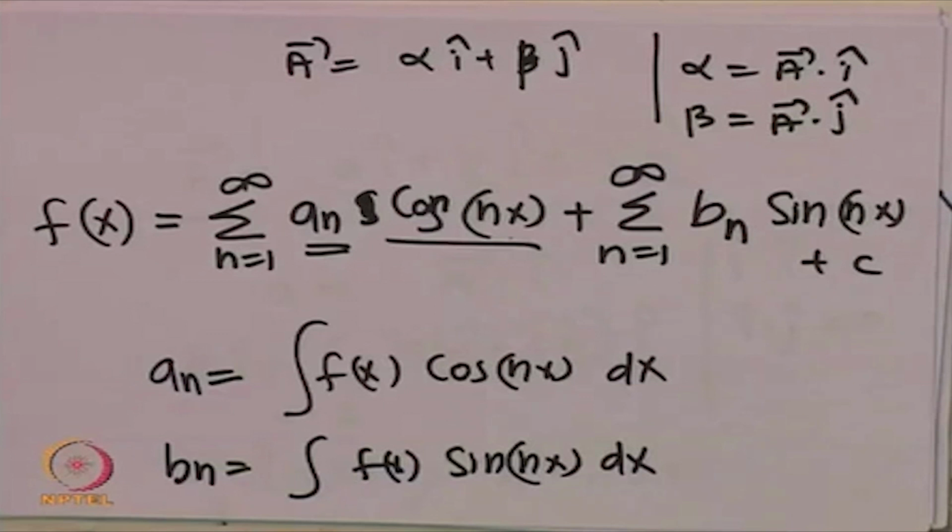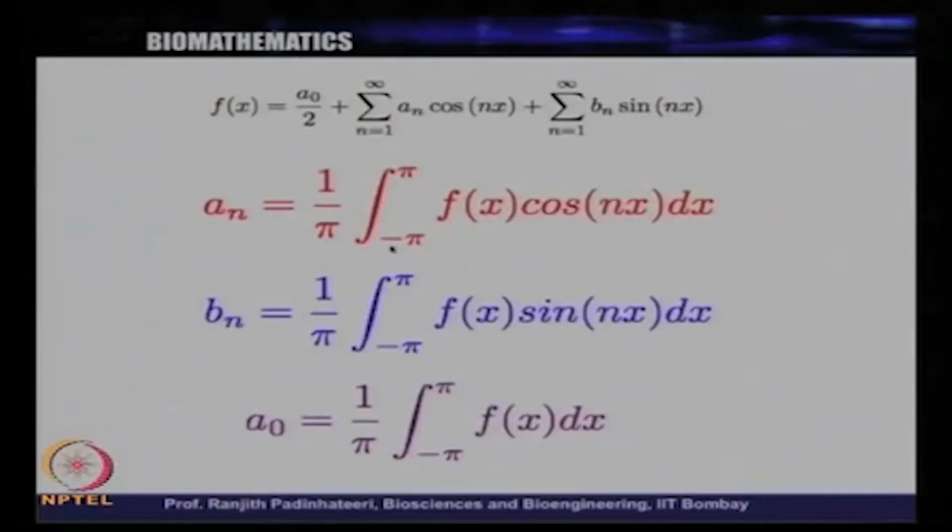So, look at here. a n is, to be more precisely defined, 1 over pi, integral from minus pi to plus pi, f of x cos n x dx. You can see that a n is the coefficient of cos.